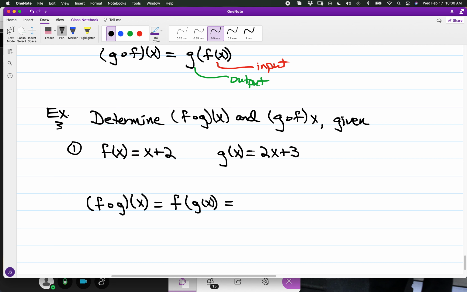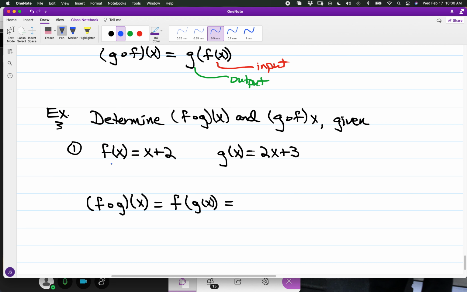But another way that you could look at this is that with f of g of x, f is going to be the output, and g of x is going to be the input. So if I'm operating in accordance with f, what do I do with the input?